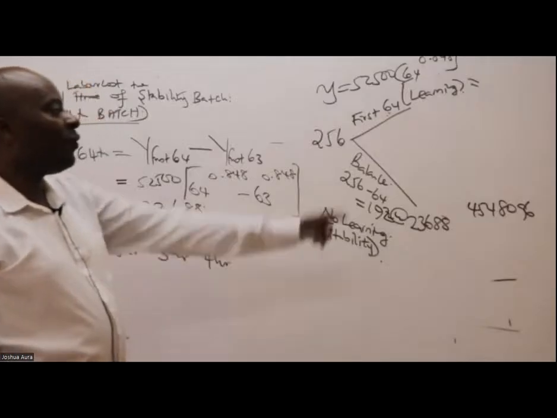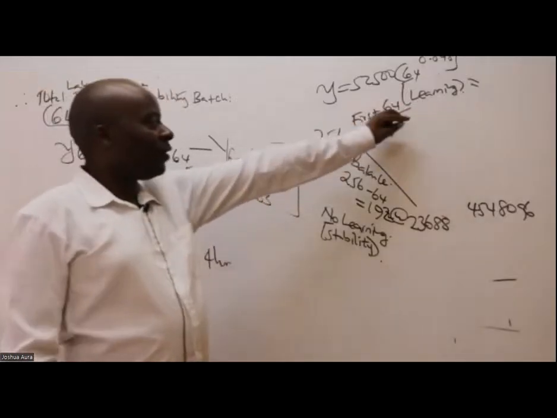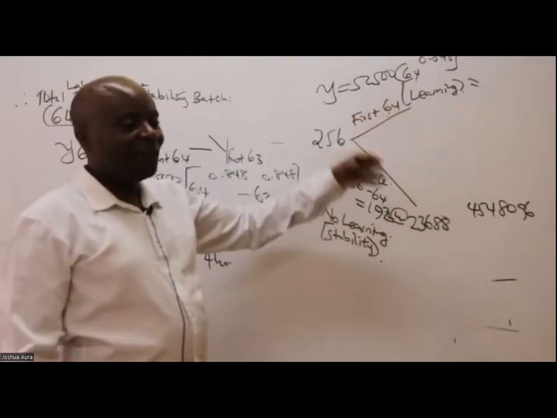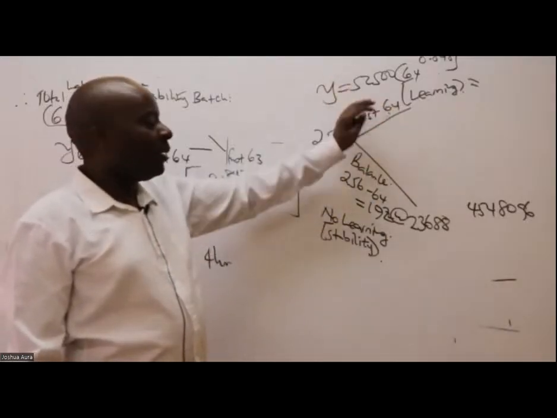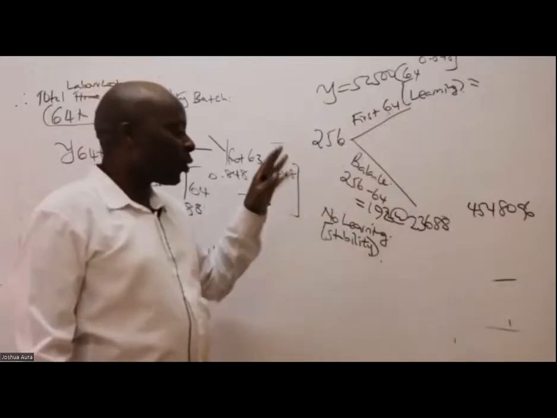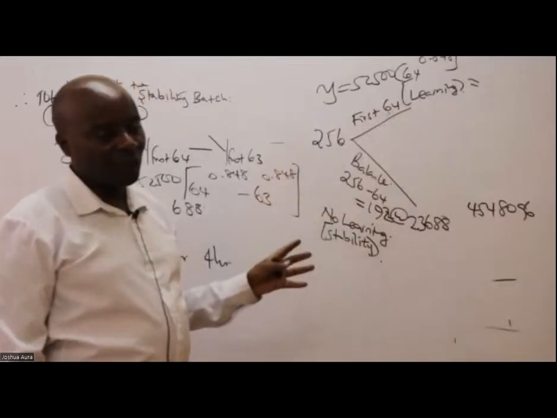So could you kindly give me an answer here? The first 64, we are learning, and if you are learning, you're using the equation. The balance beyond 64, now we are talking of what here? Stability. We are talking of stability.